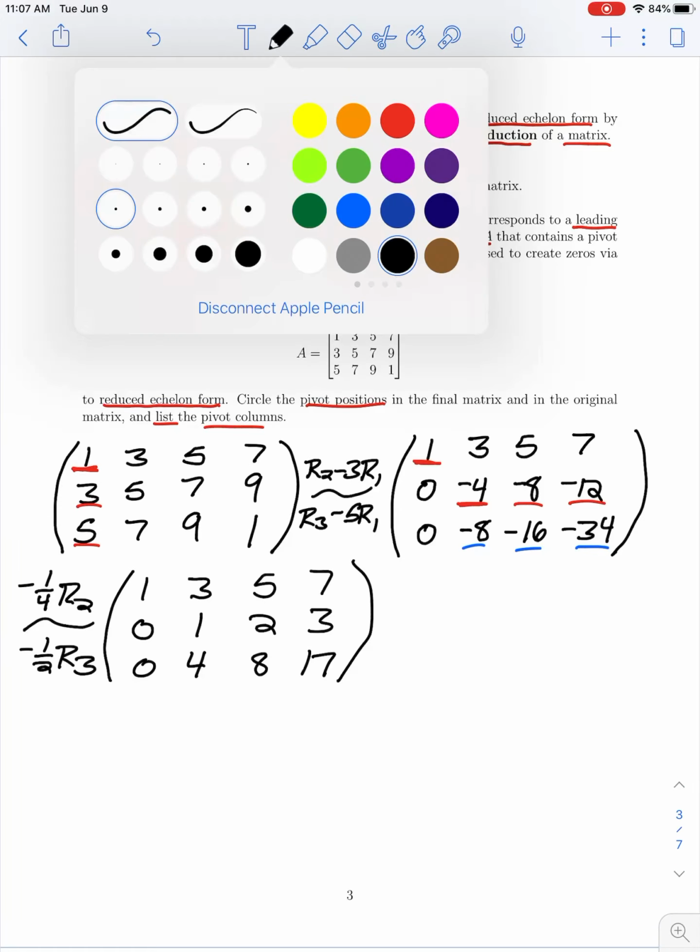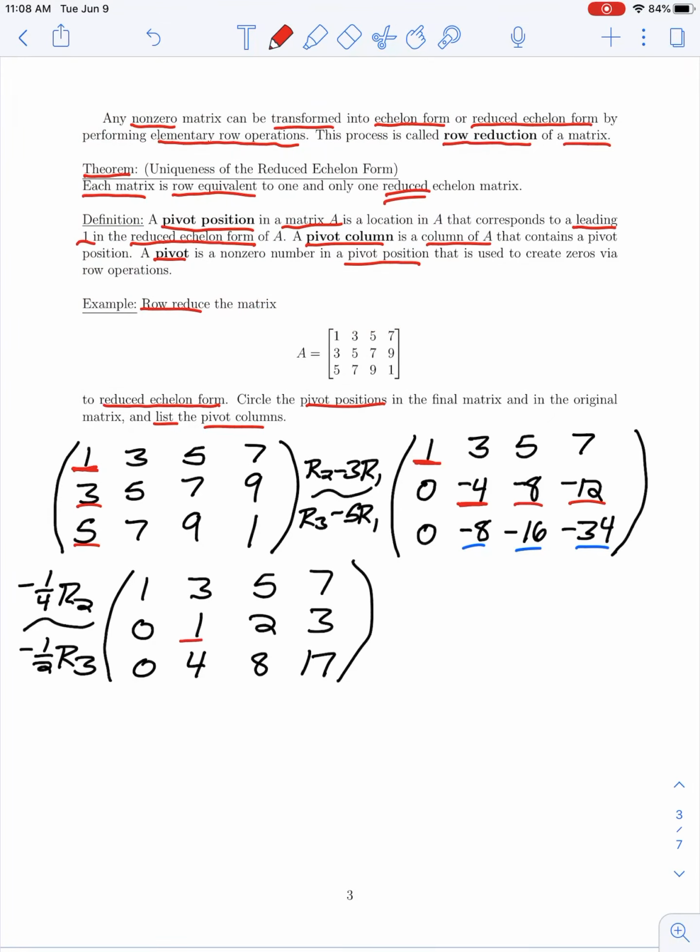So now my matrix is getting a little closer. I have 1s for the leading entries in my first and second row. Now in that second column, I want this leading entry of 1 to be the only non-zero entry. So I need to kill off the 3 above it and the 4 below it.